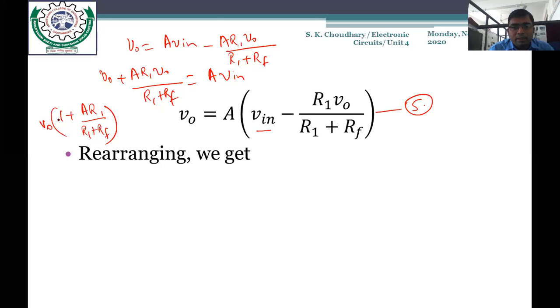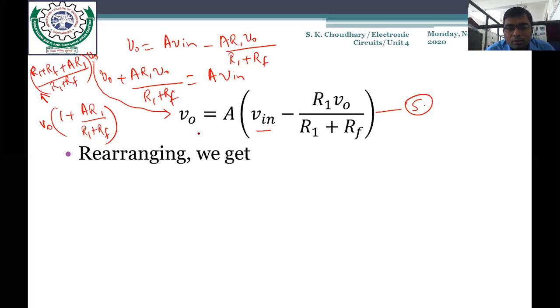So you can easily do the next step, that it becomes R1 plus RF plus A R1 upon R1 plus RF into V0. Finally, from this point we go to this equation.